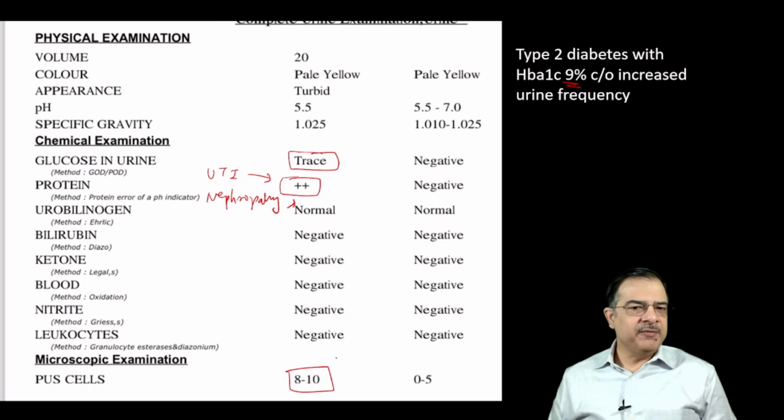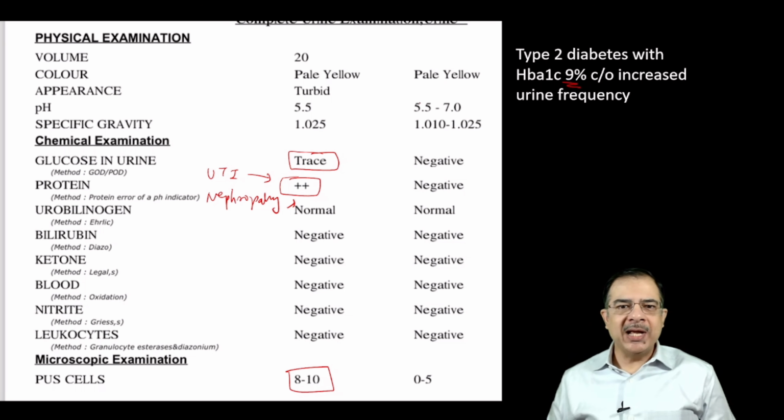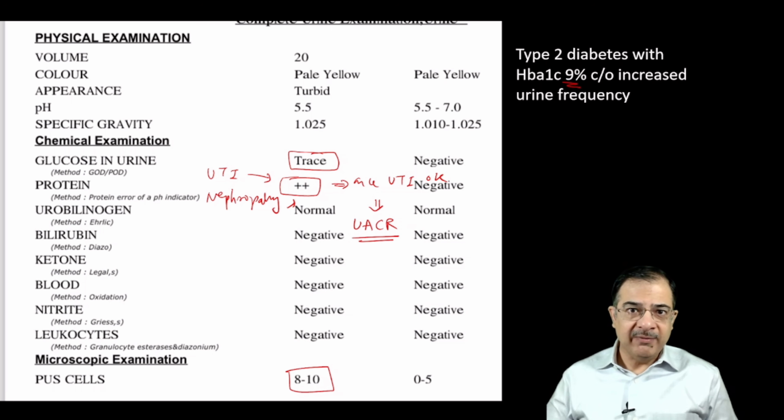So if the urine infection is treated, do not just observe the patient, ask the patient for a urine albumin creatinine ratio later on when the UTI settles. So in this patient, once the UTI is okay, then we will ask for a urine albumin creatinine ratio, for assessment of the proteinuria, whether that was due to the fever, whether that was due to infection, or whether it is due to diabetes nephropathy.